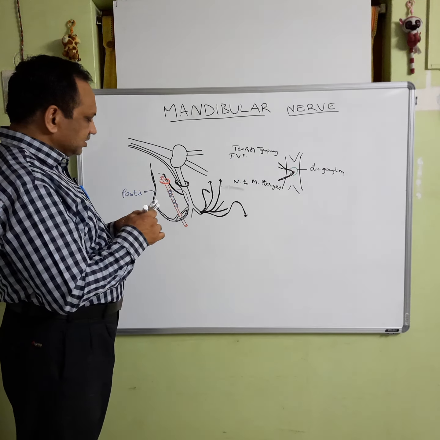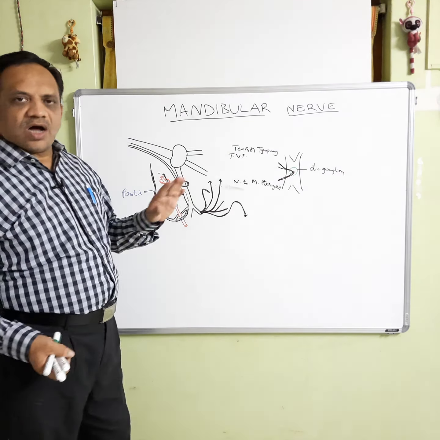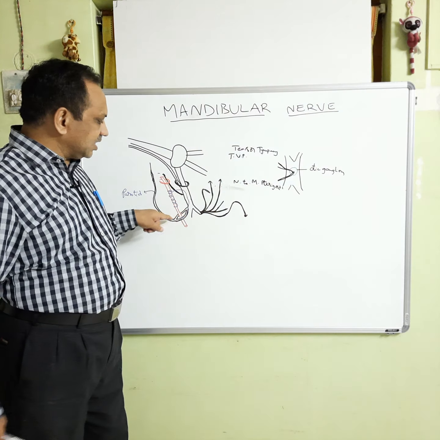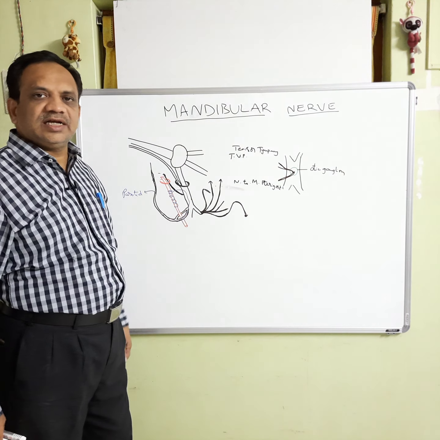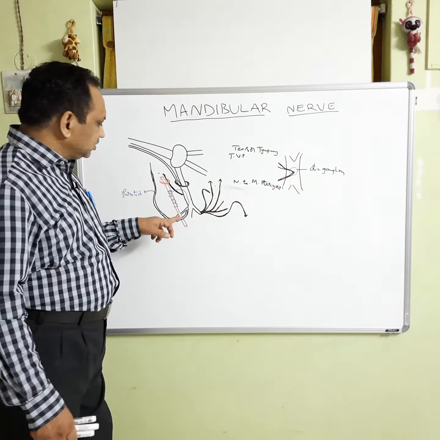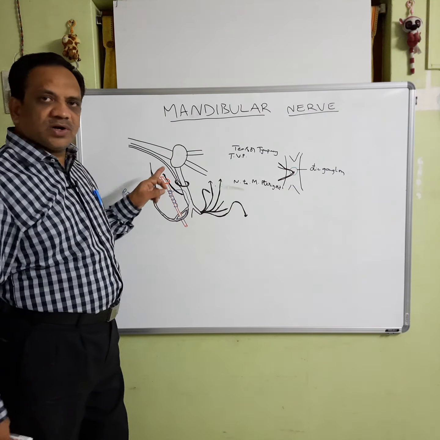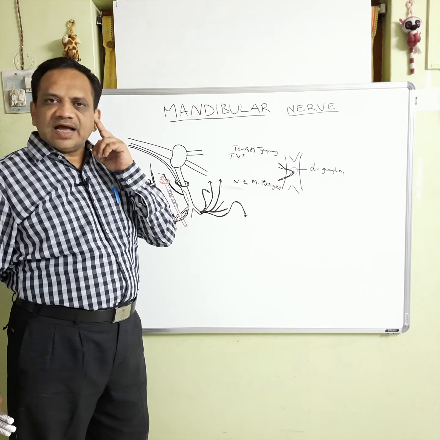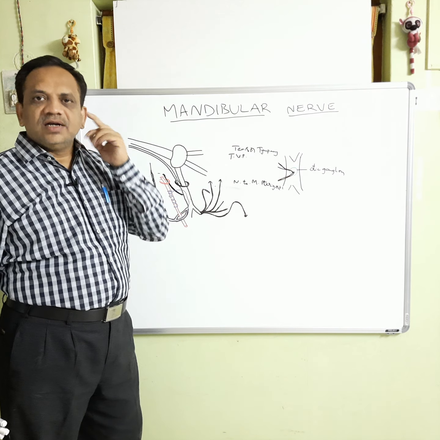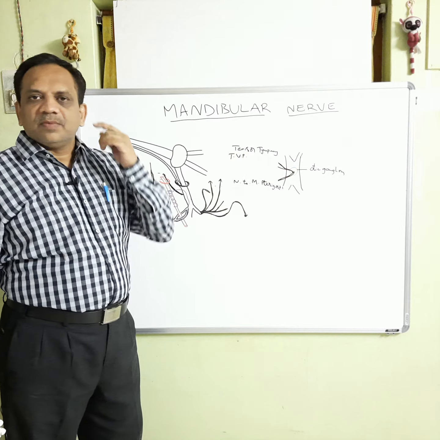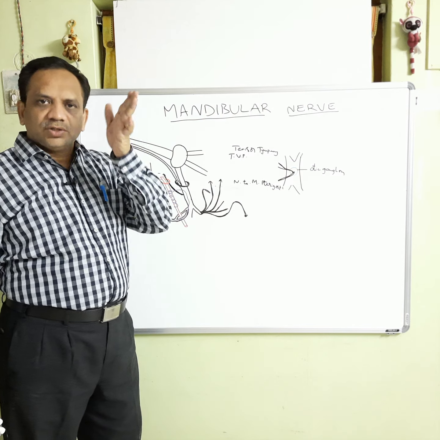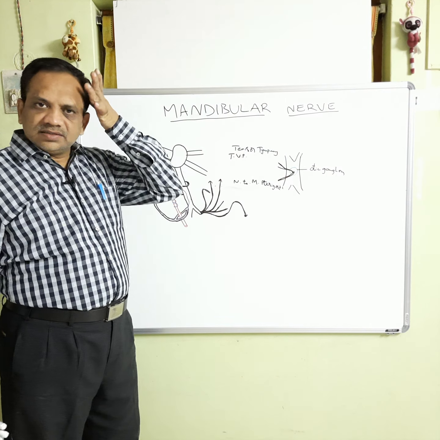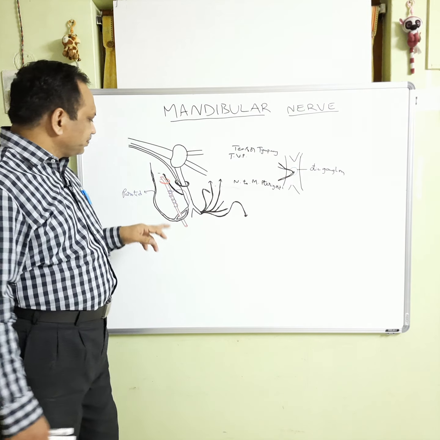The fibers passing through the auriculotemporal nerve carry general sensation. The branches of this posterior division are sensory. This nerve carries sensory fibers to the skin of the tragus, upper part of the auricle, temporomandibular joint, external acoustic meatus, cuticular layer of the tympanic membrane, and the skin over the temple.